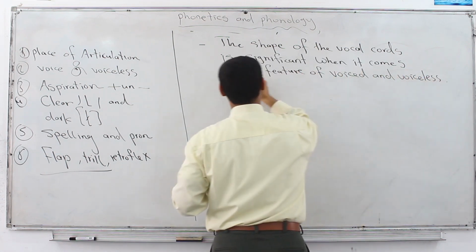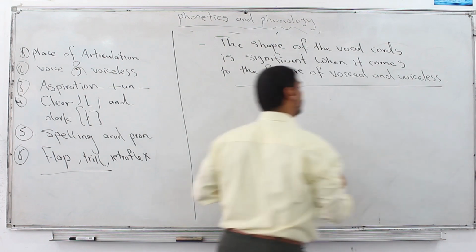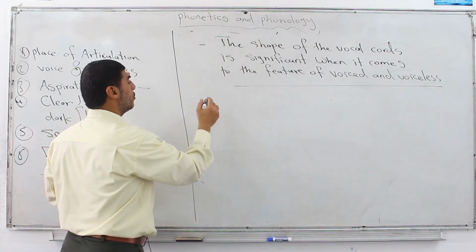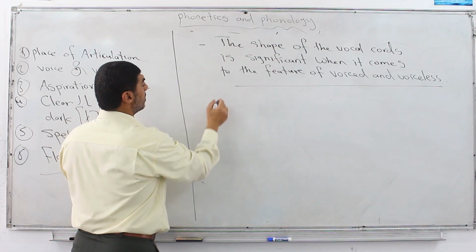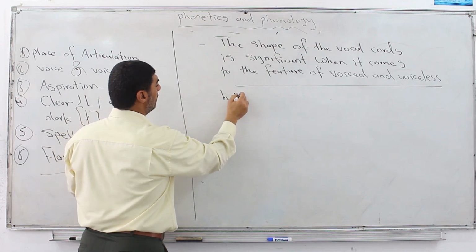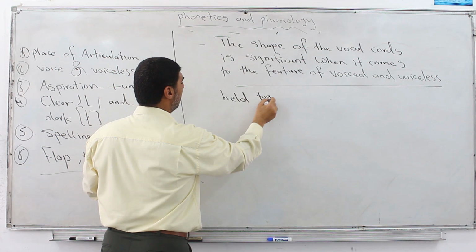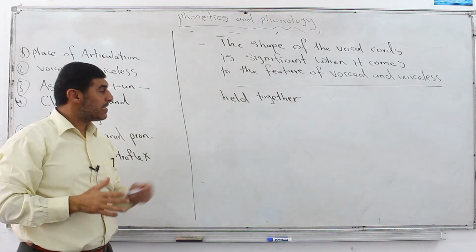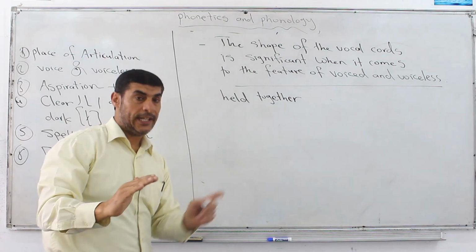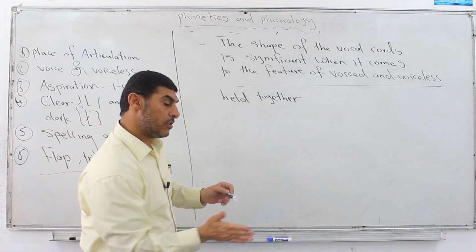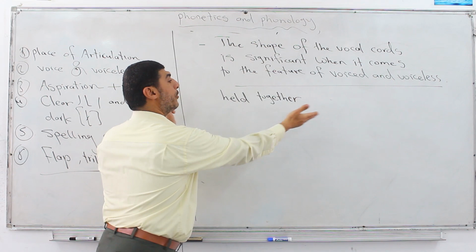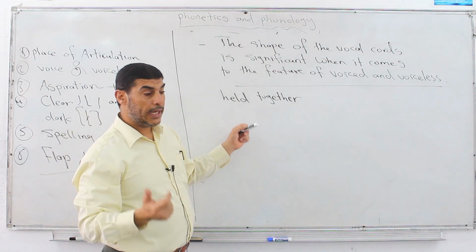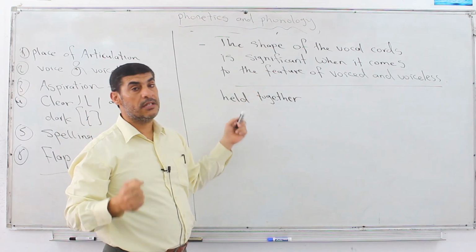Okay. So when the vocal cords are held together, the air can't pass freely, so the air stream forces its way through the vocal cords, causing them to vibrate, hence a voiced consonant is produced.